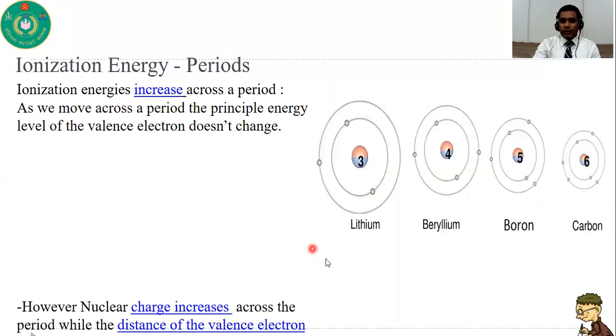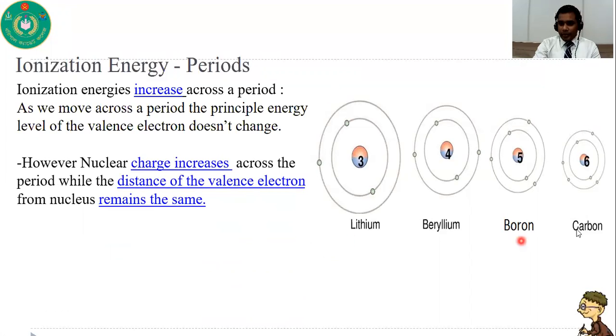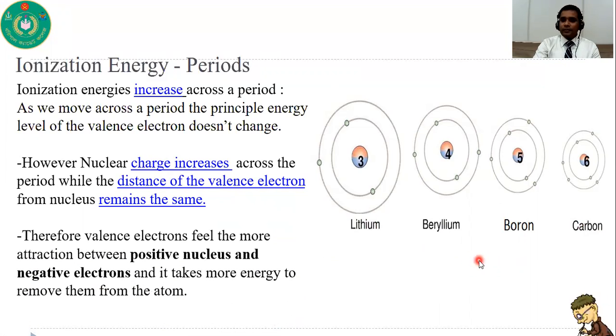So in case of a period, from left to right, atomic radius decreases, valence electrons are tightly bonded with the nucleus. That's why it is very difficult to remove an electron from the outermost shell. That's why from left to right, the ionization energy increases. Here you can see the example that from left to right, the ionization energy increases.